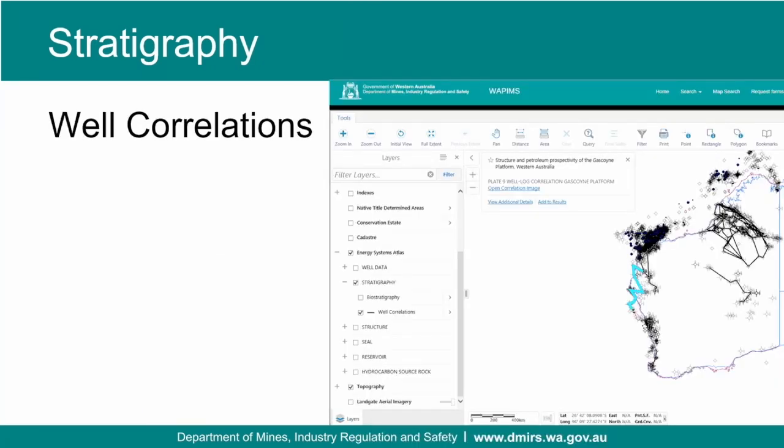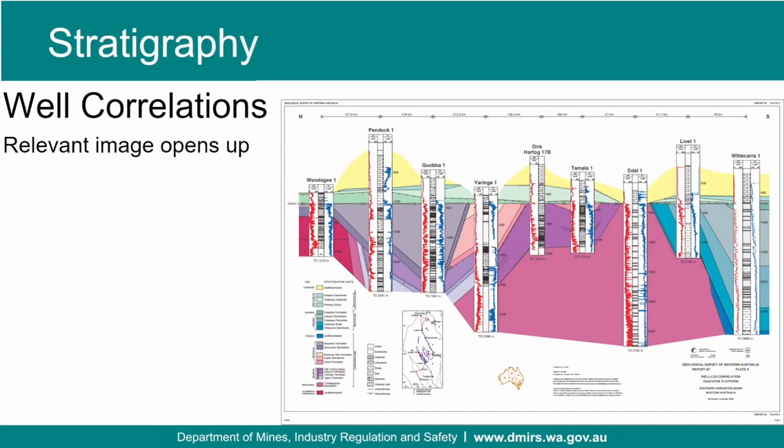The other layer here under stratigraphy is well correlations. So these are all GSWA generated well correlations over the years, and they're all in published GSWA reports and records. To look at the well correlations, you highlight one of the lines and the well correlation comes up.